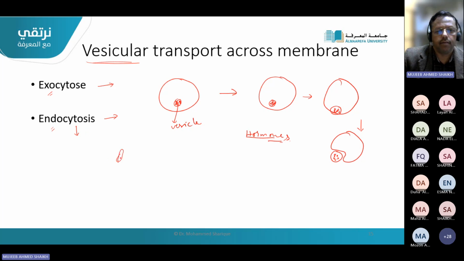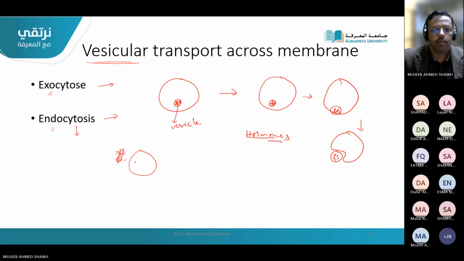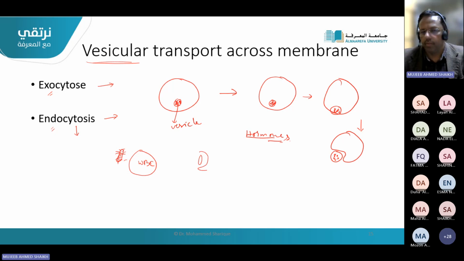Suppose this is a bacteria, and the body, or the WBC, tries to engulf it and take it inside. They will come near to each other. This is the WBC, white blood cells. Then they will create two arms and try to make a circle around it.